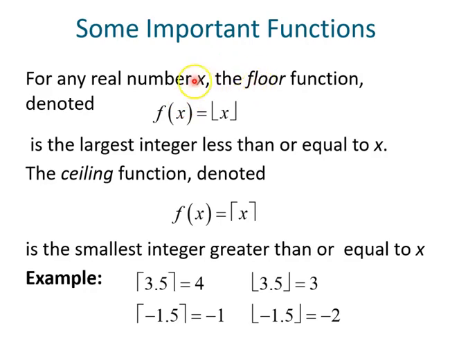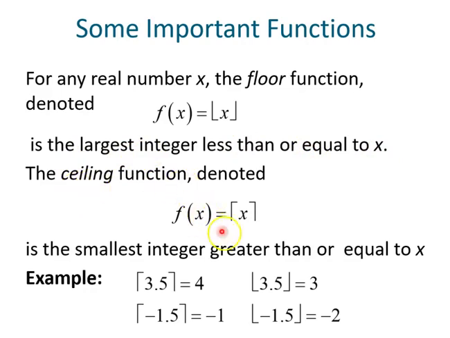The following two functions are important for discrete mathematics. For any real number x, the floor function, denoted this way, is the largest integer less than or equal to x.